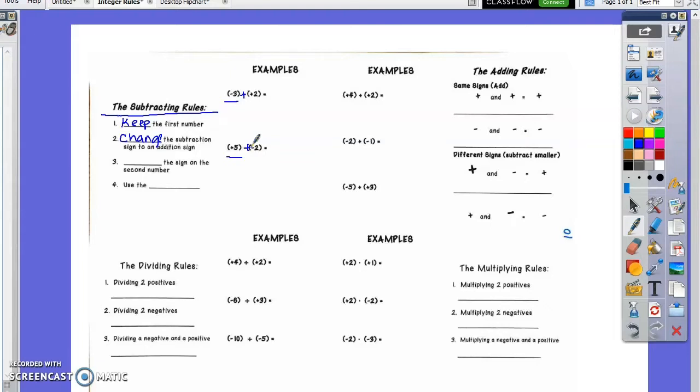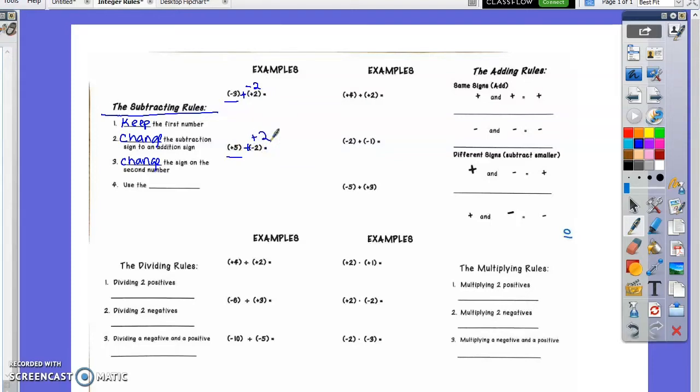The next thing you want to do is change the sign on the second number. What that's going to look like depends on the sign that's already there. So on the top, you're going to change this into a -2. But on the bottom, on this second example, you're going to change it into a +2.